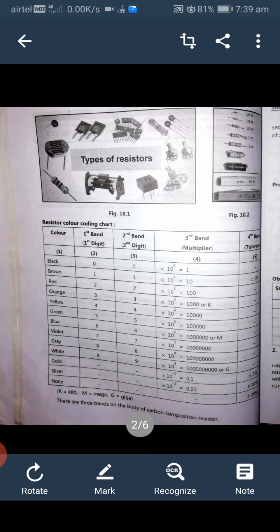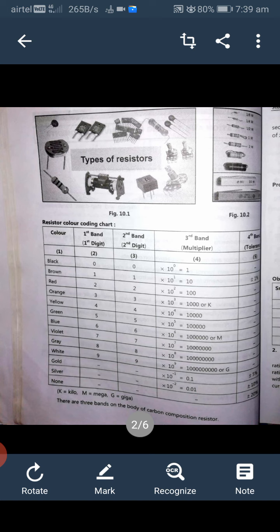For example, consider a resistor with brown, green, red, and silver bands. The value of brown is 1 and the value of green is 5.